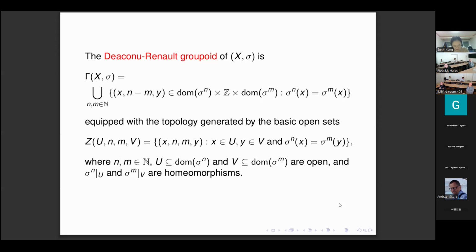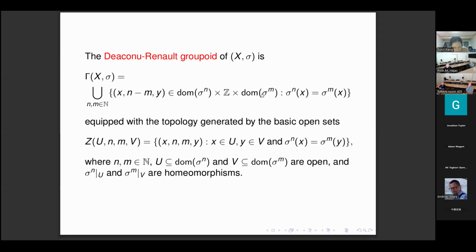And then the deaconu-renault groupoid of the system (X, sigma) consists of triples of the form (x, m-n, y), where x and y are points in the domain of sigma^m and domain of sigma^n respectively.